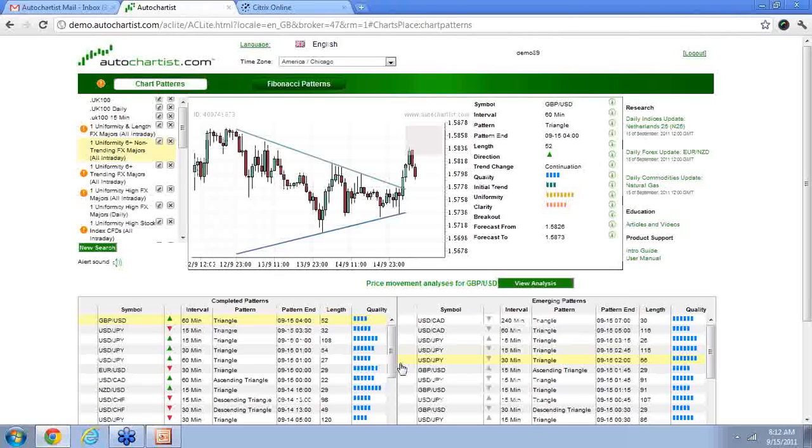Okay, now by doing that, you have to realize that you may not see the uniformity between the tops and the bottoms like you did in a channel, because with the channel you're going to have room from support and resistance to trade. When you have a triangle or a non-trending pattern, you get this sideways action.